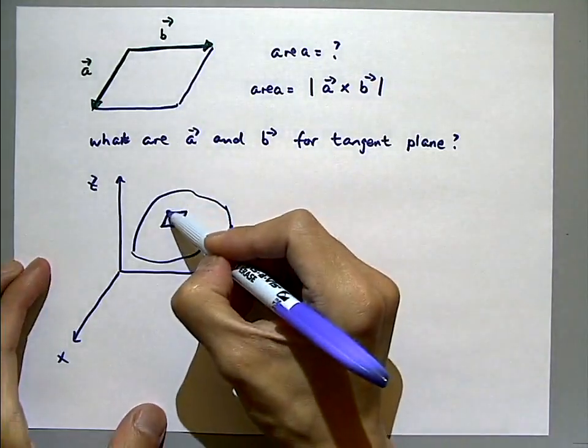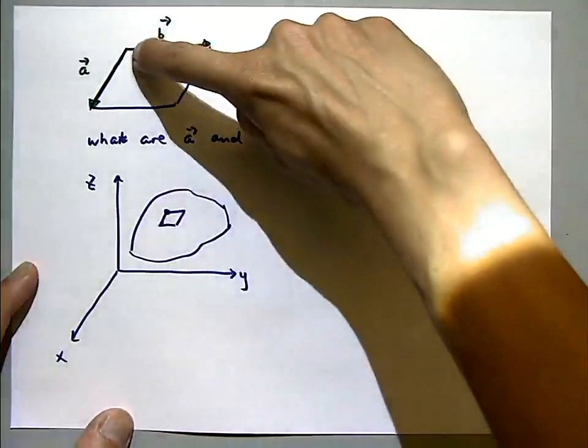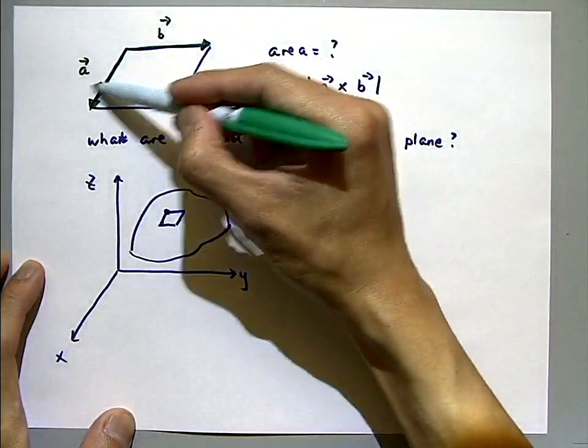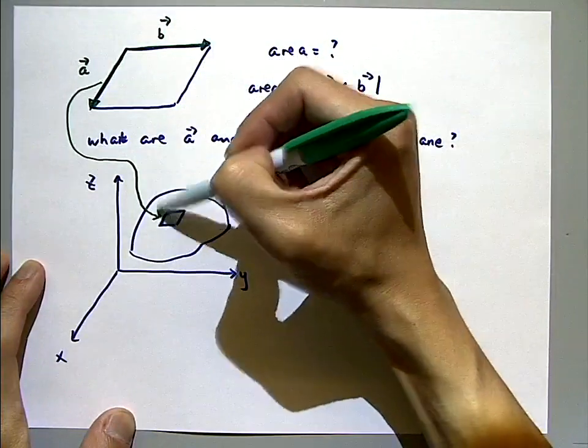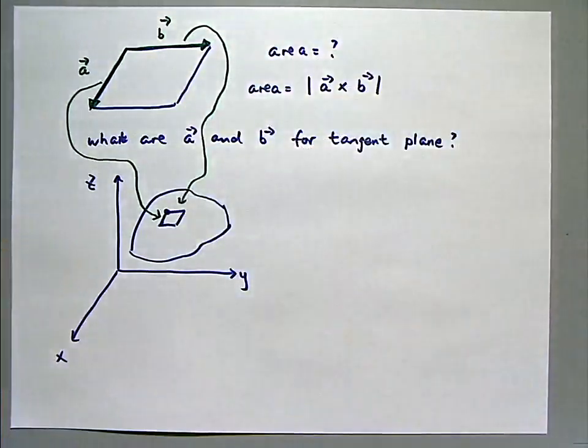And here's the point that we're going to find the vectors A and B from. Okay? So this vector A is this edge right here. This vector B is right here.